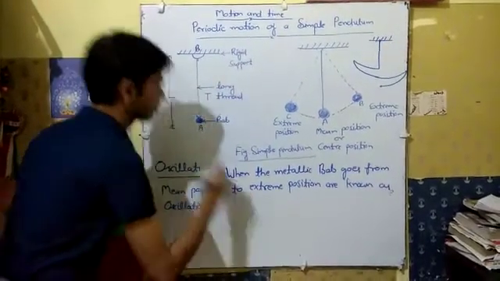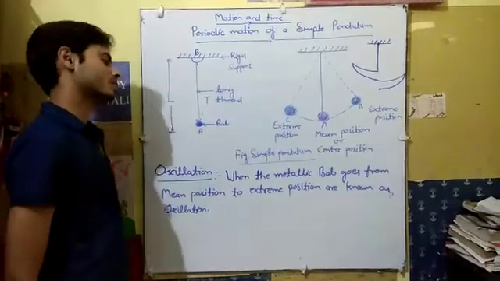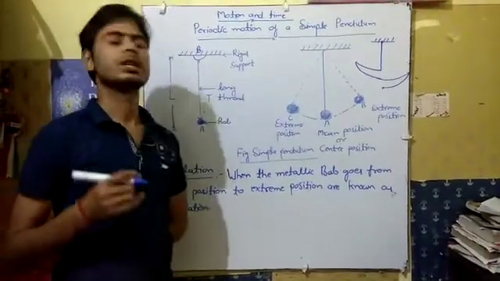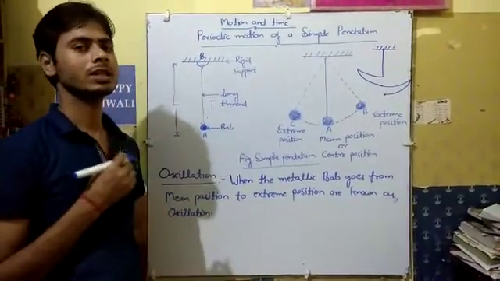When the metallic bob goes from mean position to extreme position, it is known as oscillation.